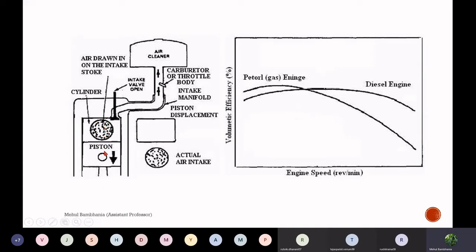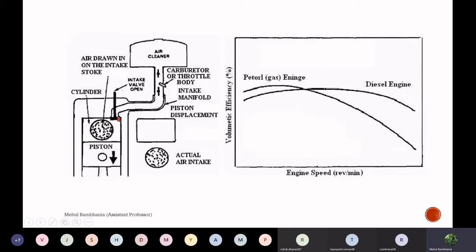Now during the suction stroke, it is not possible to fill this entire passage or entire volume with the air or air fuel mixture, because it's a very rapid process. We are talking about suction. During the suction stroke, it will finish within microseconds. So within that time, 100% filling of this passage or this volume is quite impossible.